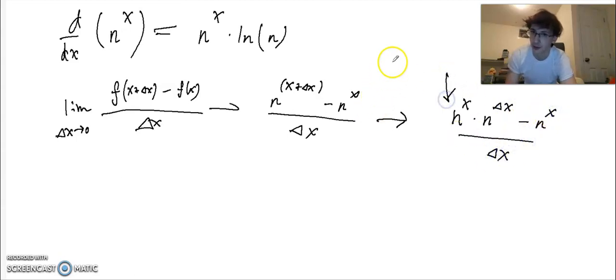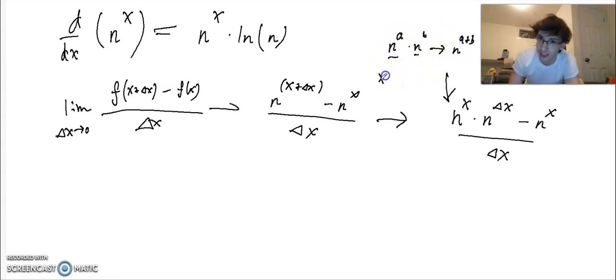If you're a little confused by what I did here, it just comes from, if the bases are the same, then n to the a times n to the b just equals n to the a plus b. Another way to put this, if we have x squared times x cubed, it's just x to the 3 plus 2 equals x to the 5th.